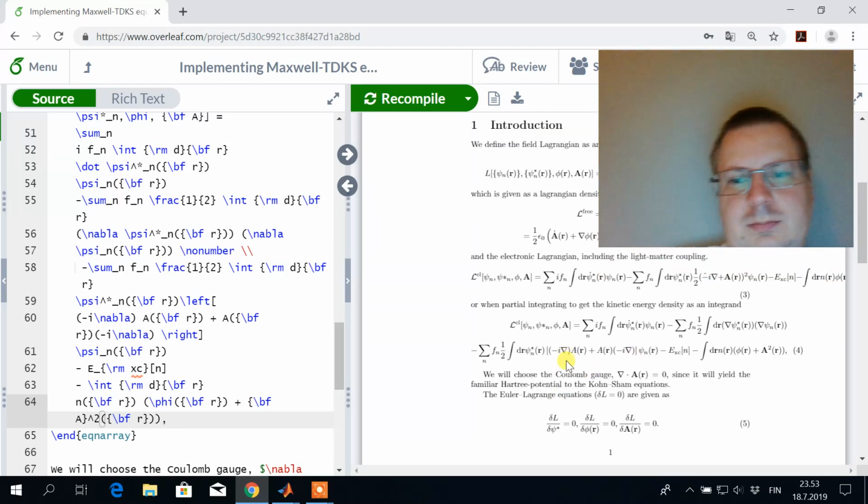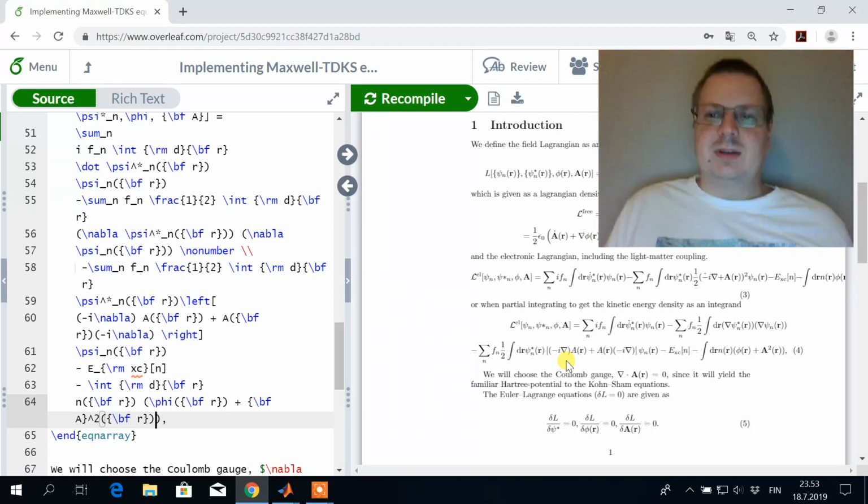So as one can see, it actually is quite a mess.